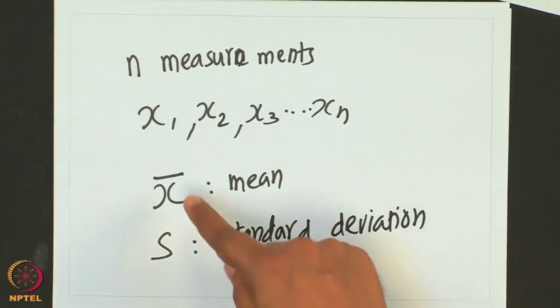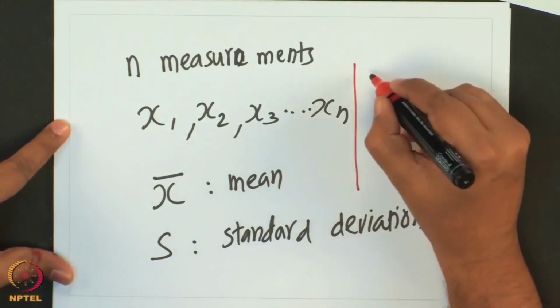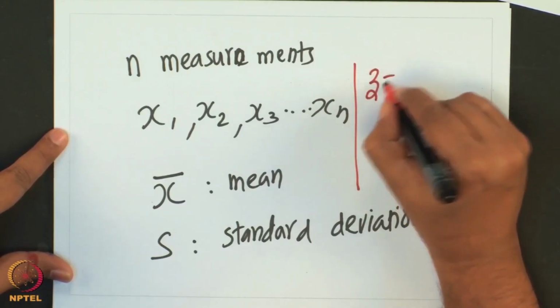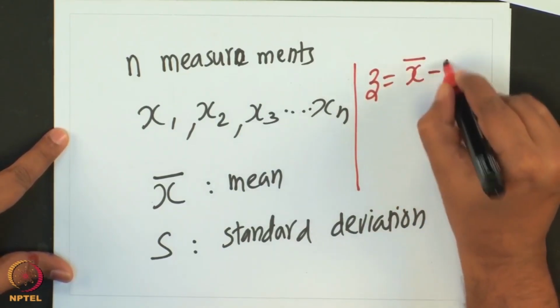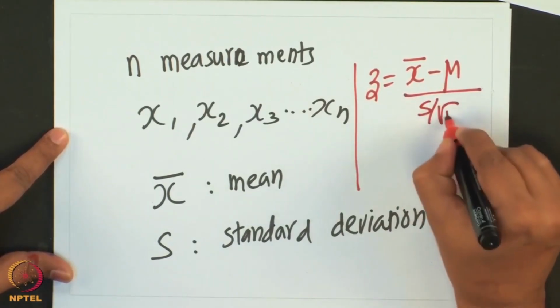Given this x bar, s and this n, we can calculate a quantity called z or t, which is x bar minus a fixed number mu, divided by s by root n.